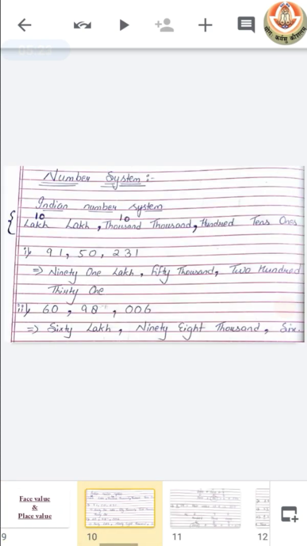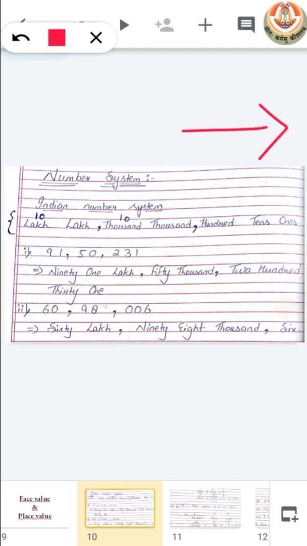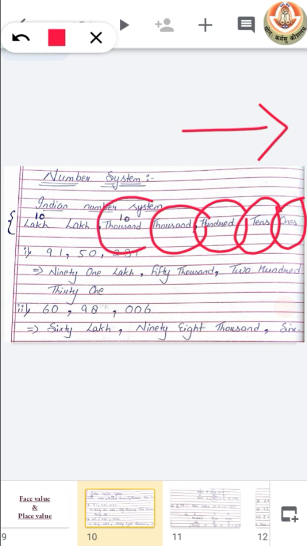So first we have to see the number system. As we know, starting from the right hand side, we have ones, then tens, then 100, then 1000, then 10,000, then lakh, then 10 lakh, and so on.